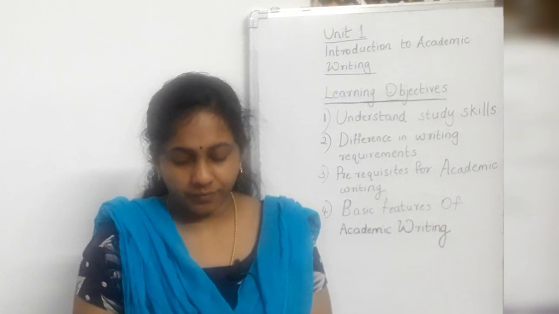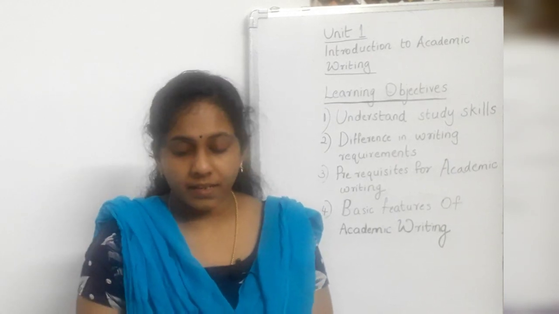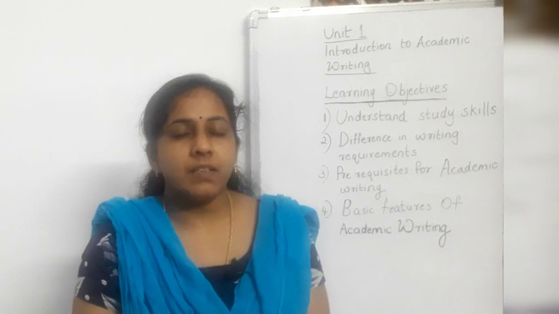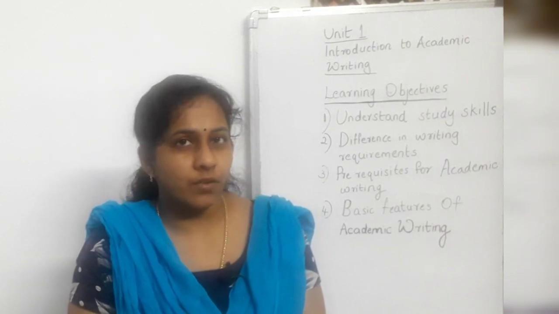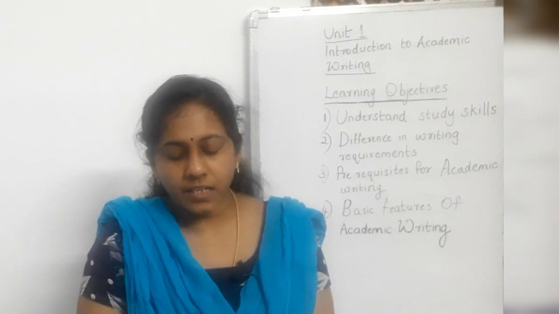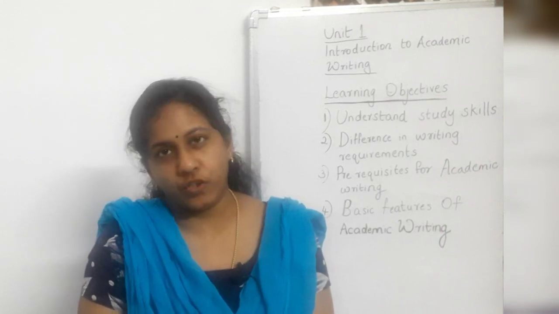So let's get into the learning objectives of academic writing. The first one is to understand the study skills expected in college students. We expect a certain level of study skills in college students, and that you should understand. Second one is to identify the difference in writing requirements in school and college.